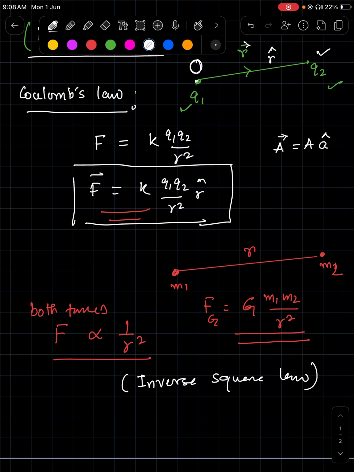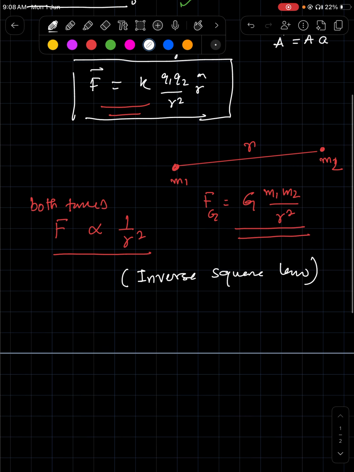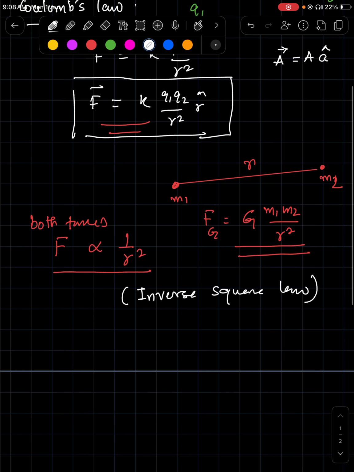Another very important difference between the two forces is the proportionality constants.